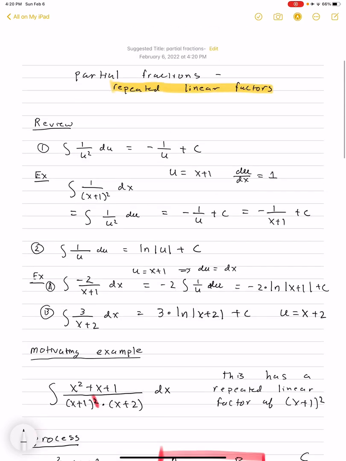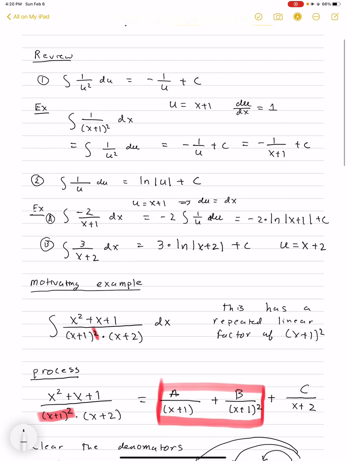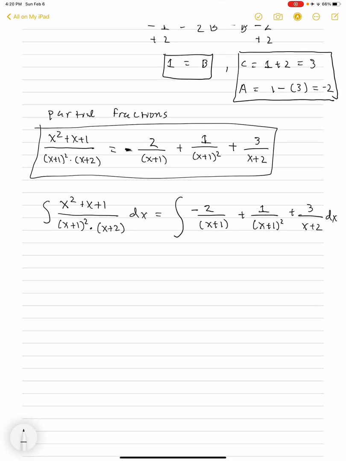Now let's go back up. I think under the review we integrated one of those terms, the integral of 1 over x plus 1 squared. Under review item 2a and b, I think we've integrated the other two terms that are required. So just putting that information together, the antiderivative of each of these will be minus 2 times the ln of absolute value of x plus 1.